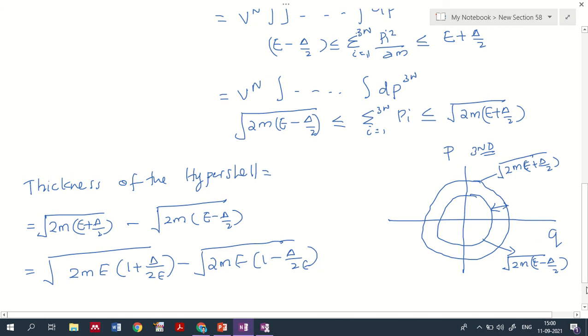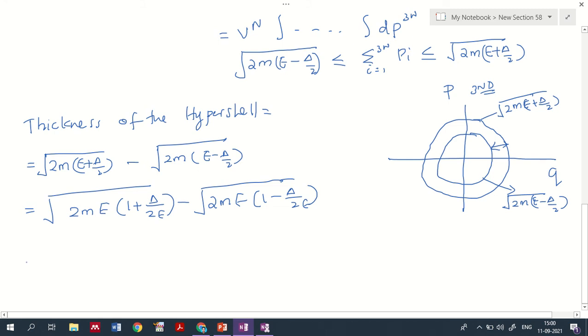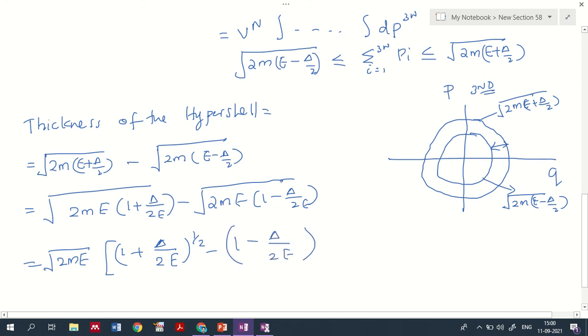Now if I represent the above in this fashion, root 2mE I can take outside because it is common in both cases. So root 2mE outside, then (1 plus delta by 2E) raised to 1 by 2, minus (1 minus delta by 2E) raised to 1 by 2. This is what I'll be getting.